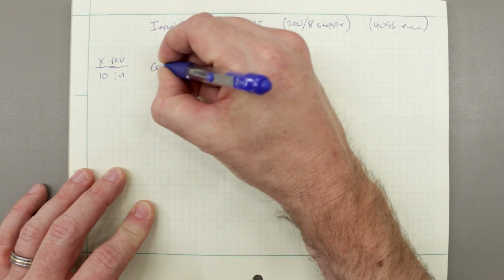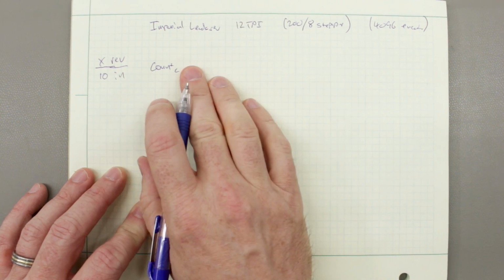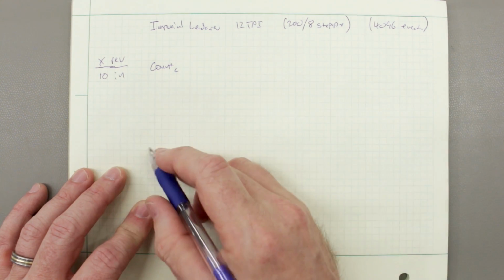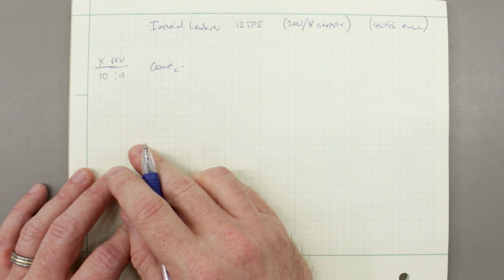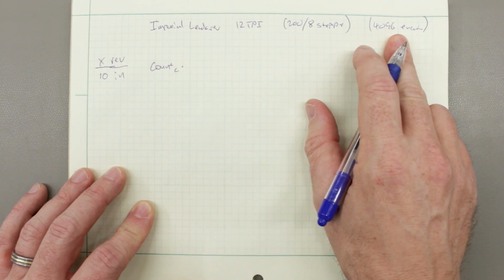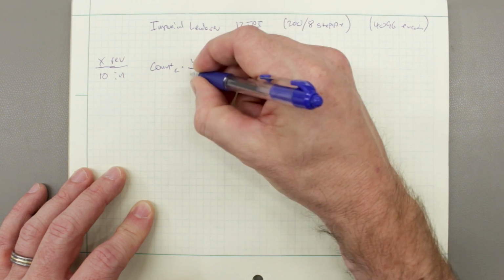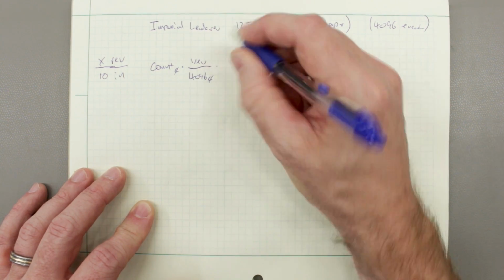We're going to start with a count. I'll just say the unit is C for counts. And we need to ultimately figure out how many microsteps to output for a given count. So let's start by converting this to revolutions. So it's a 4,096 count encoder. So 1 revolution over 4,096 counts. Counts cancel.